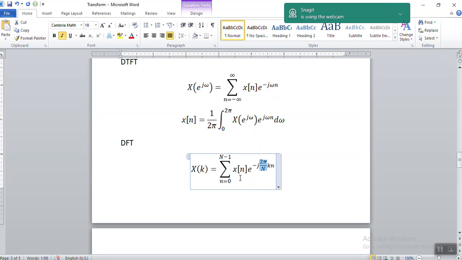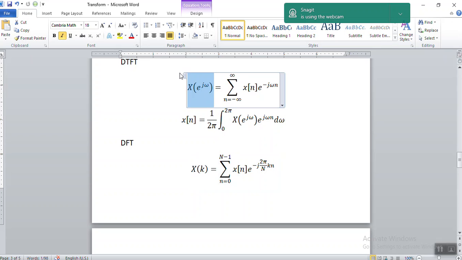Now, since out of the infinite number of frequency samples in the range 0 to 2 pi of X of e to the power j omega you have taken N equally spaced samples, x of n should be a periodic extension of a finite number of samples. Therefore, instead of minus infinity to infinity, this summation becomes 0 to N minus 1.